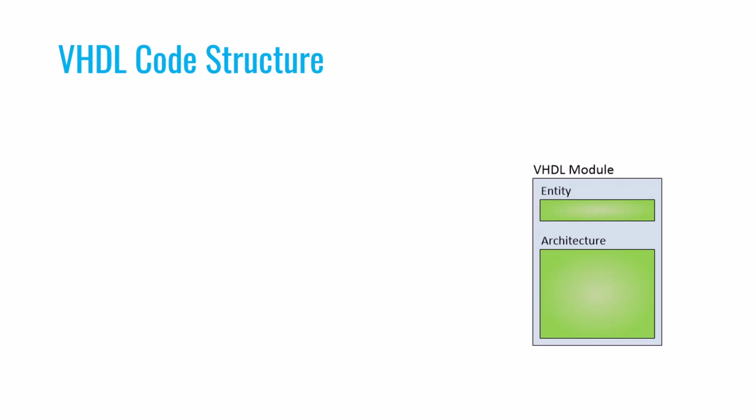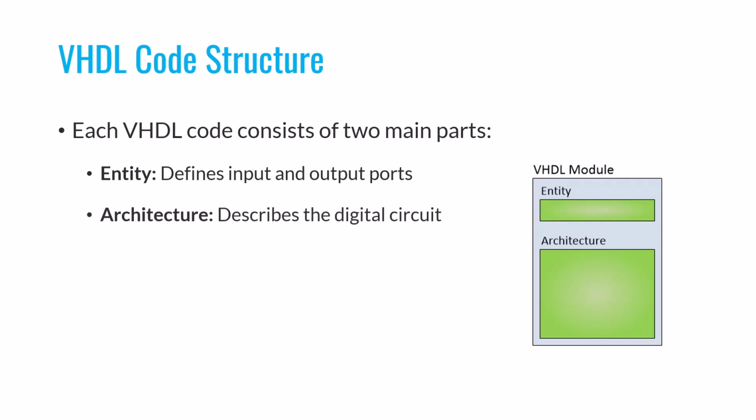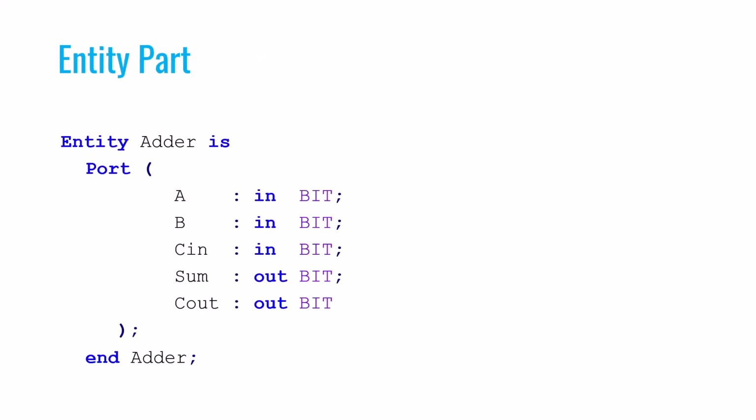As I mentioned in a previous video, every VHDL code generally consists of two main parts. One is the entity section, where we define input-output ports, and the other is the architecture section, where we describe the actual circuit. Let's take a closer look at the entity structure.